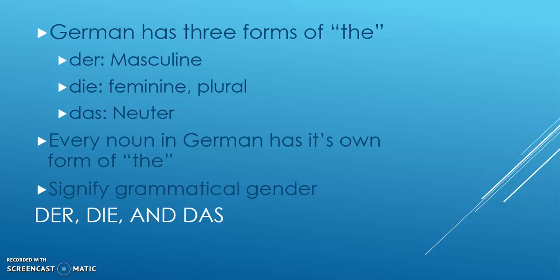We'll get more into that later, but plurals would be any noun where there's multiple of them. And then das is neuter or Neutrum in German. So every noun in German has its own form of the, and that's going to be either der, die, or das.